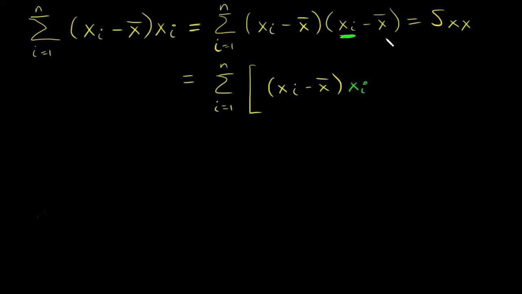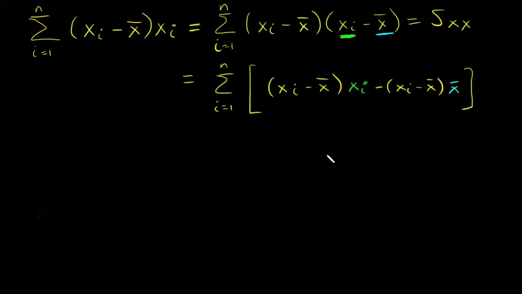First I'm going to multiply by that xi, and then I'm going to minus, and I'm going to have xi minus x bar, and I'm going to multiply it by this x bar here, right? So you can see what I've done is I've basically distributed just this half of the product.